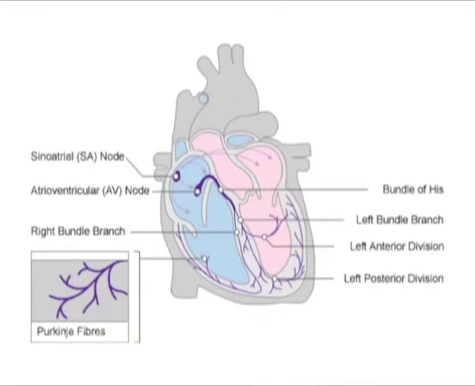In birds and mammals, the rhythm originates in the sinoatrial node or SA node, found in the upper part of the right atrium near the junction with the superior vena cava and auricular appendages. It is the heart's main pacemaker.